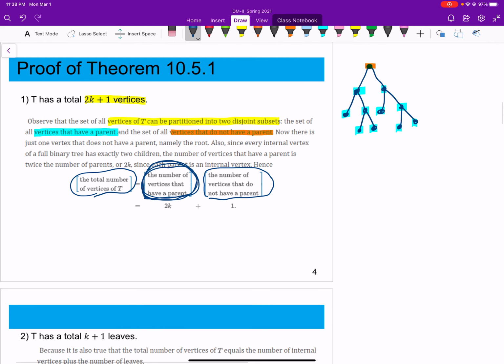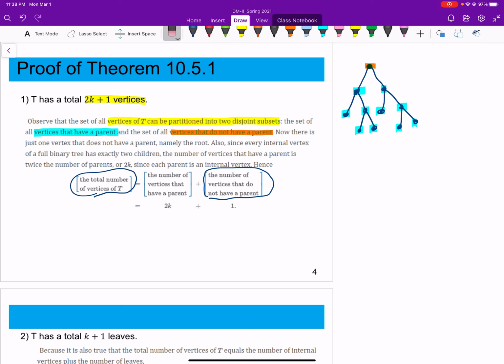Okay, so let me consider this again. This vertex has a parent, that has a parent, all these are having parents.